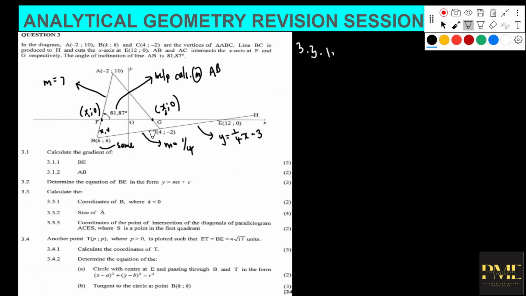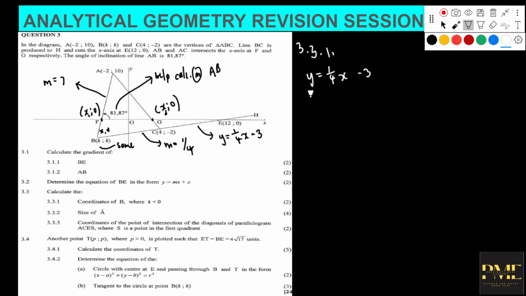So if we have our equation for line BE, we can take these values of K, substitute them where we have Y and X. So we can take our coordinates of B, substitute them where we have Y and X and solve for K. So for example, we've got our equation of BE being Y equals 1 over 4 X minus 3. Because this point is found on this line, we can take the equation of this line and substitute those coordinates to find our coordinates.